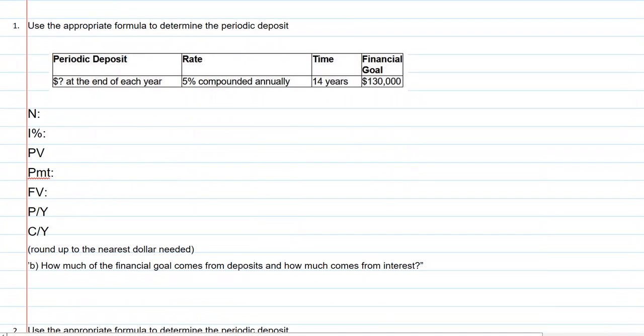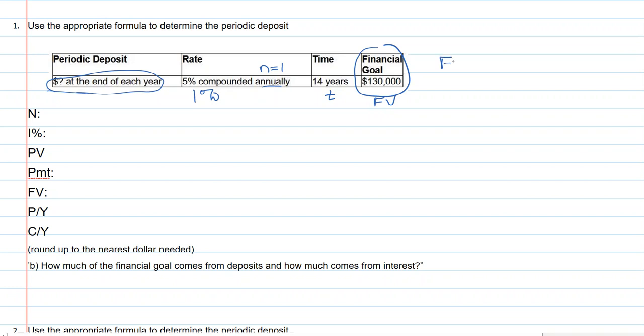Now we're looking at a financial goal. So this is our future value for 14 years, compounded annually, so N is 1, at 5%, and how much at the end of each year do we deposit to achieve that large number. So let's write what we know.